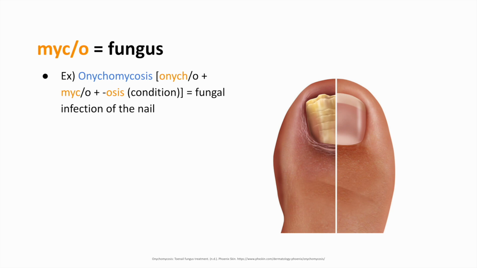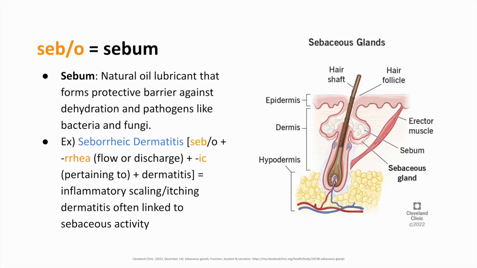Sebo is a combining form that means sebum. So sebum, as Daniel explained, is a natural oil lubricant that forms a protective barrier against dehydration and pathogens like bacteria and fungi. You know how your face can get a lot of oil, especially around your nose. Those are all sebum.